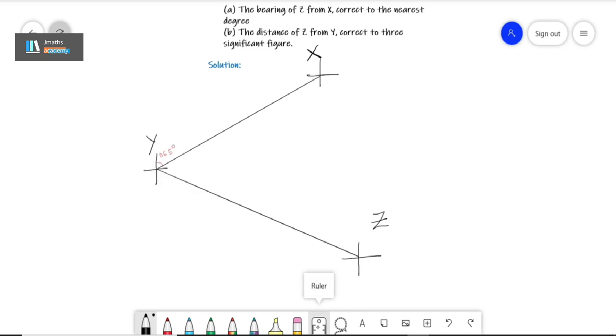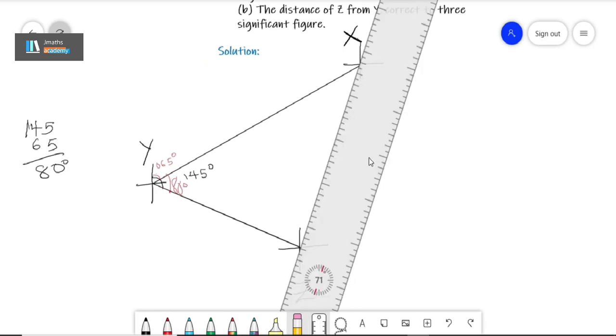So it means that from this side to here is 145 degrees. So if we take 65 from 145 degrees, we have 80 degrees. So it implies that this angle from here to here is 80 degrees.